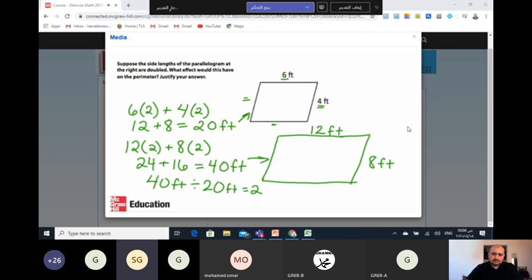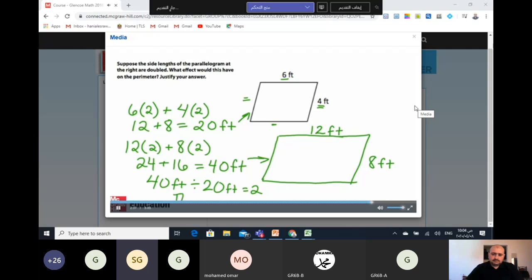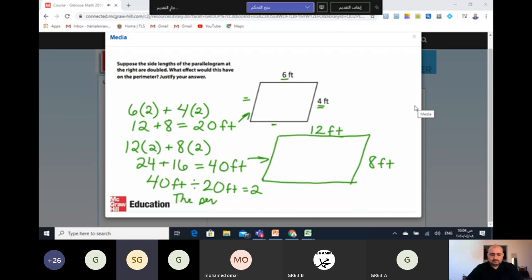So that tells us the perimeter of the new is 2 times the original.